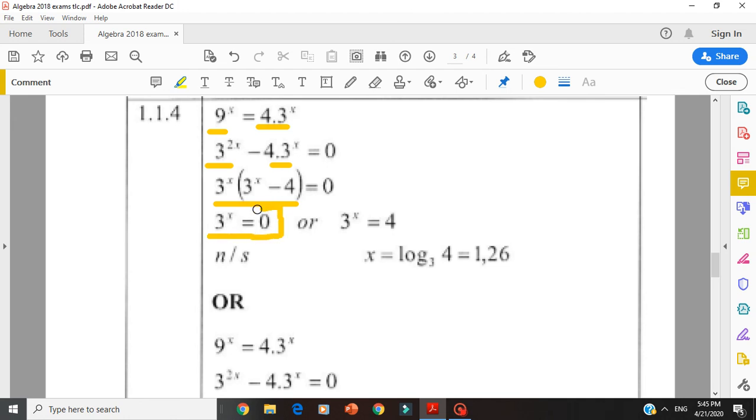If you equate the first bracket to 0, it cannot equal 0, because 3 raised to any power is always greater than 0. And 3 to the power x equals 4 can be solved using natural logarithms.